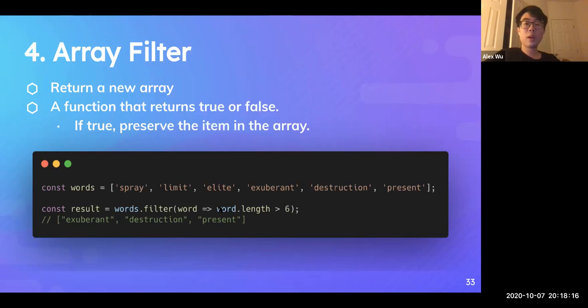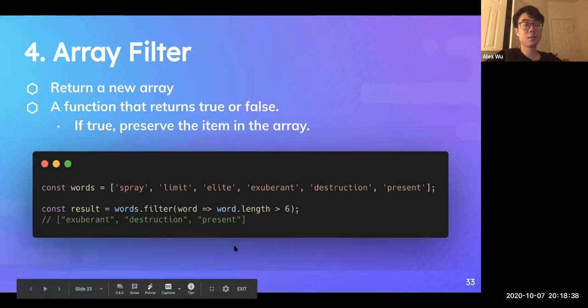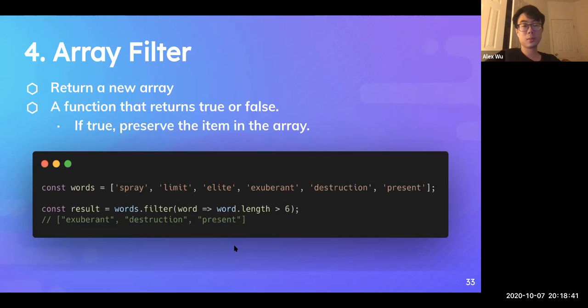So when the function returns true, we will preserve the word. If the function returns false, we'll eliminate the word. So after this filter function, we'll have exuberant, destruction, and present. All three words have a length larger than 6. So this is the array filter method.